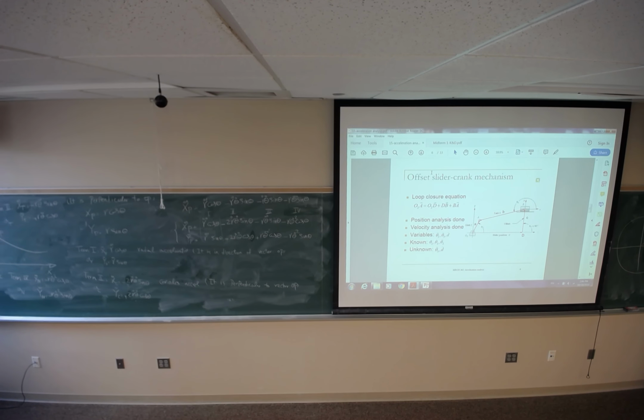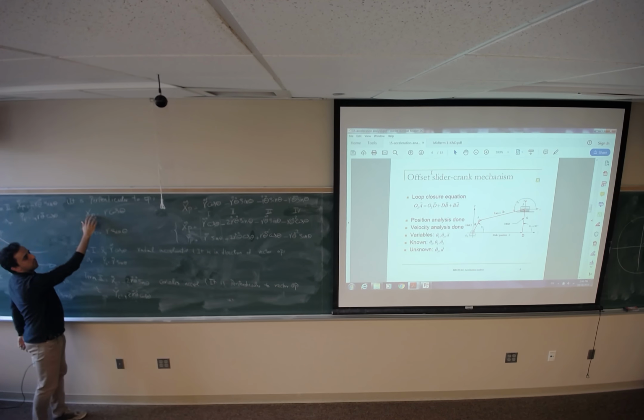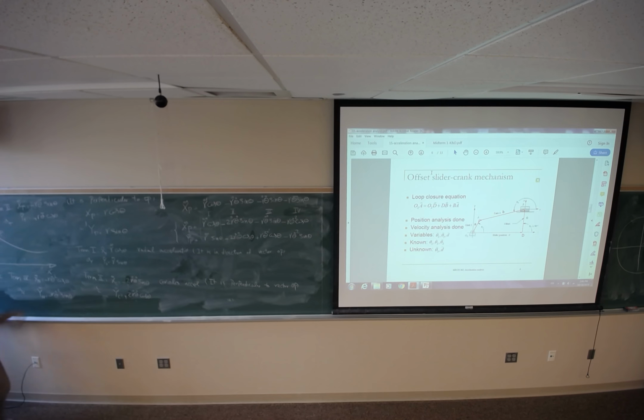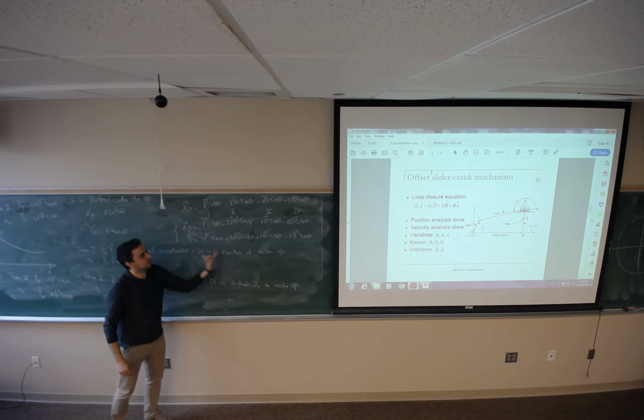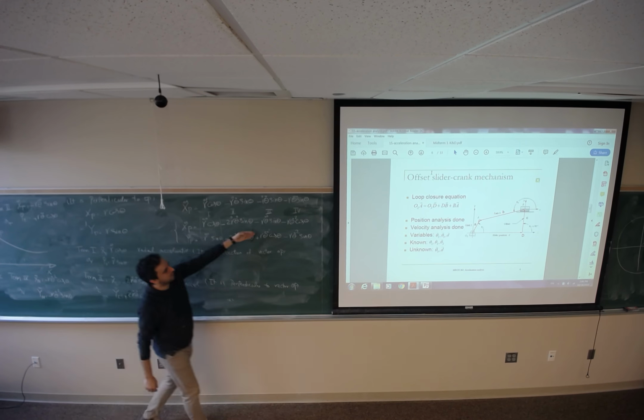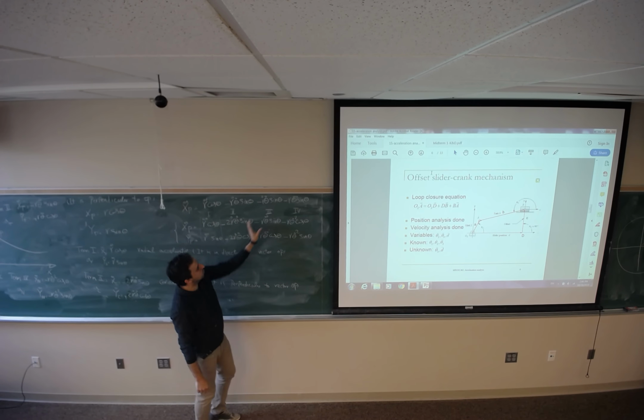Any question on this? What we did, we just wrote the x and y components of point P. We differentiated to get the velocity, and then we differentiated one more time to get acceleration terms, and we looked at the terms and could get 4 different terms.